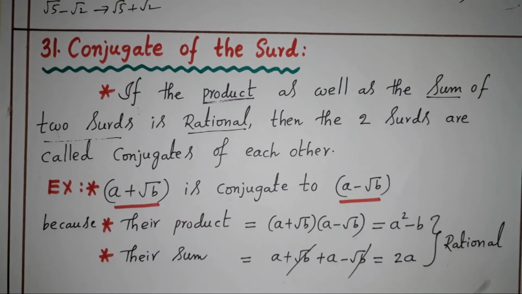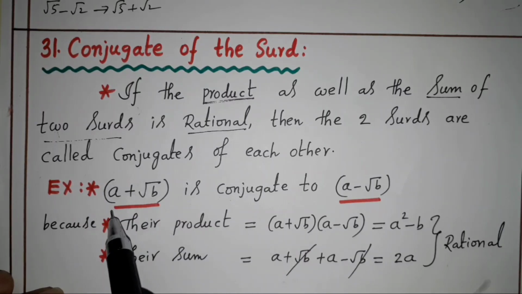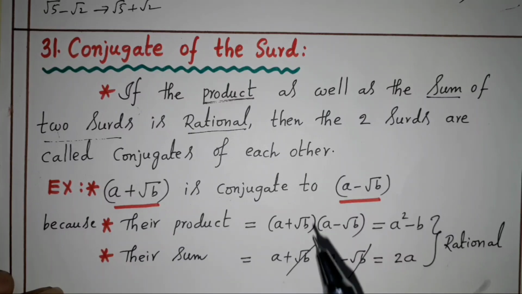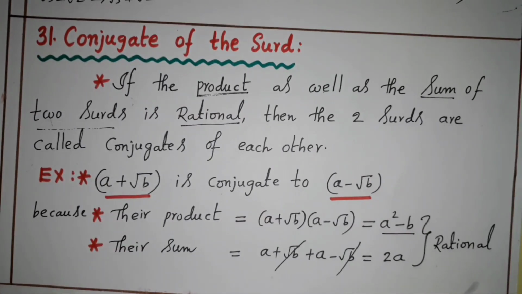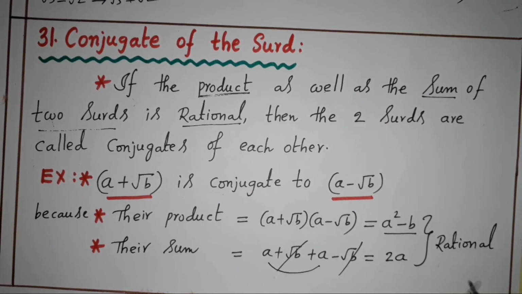Consider two surds, a plus root b and a minus root b. Their product, a plus root b into a minus root b, is a square minus b, and their sum, a plus root b plus a minus root b, is 2a, since the roots cancel.